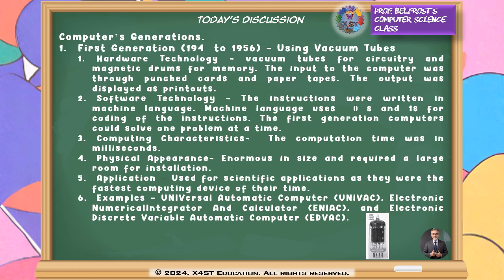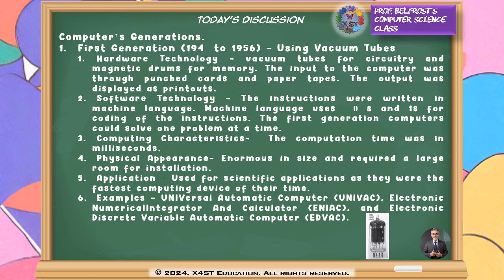Computers in the meaning that resembles the functionality and the appearance of what we call a computer in today's life. The first generation, about 1940 to 1956, used vacuum tubes.